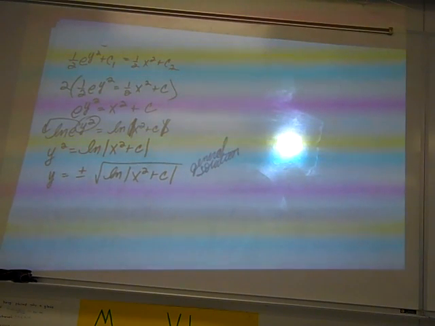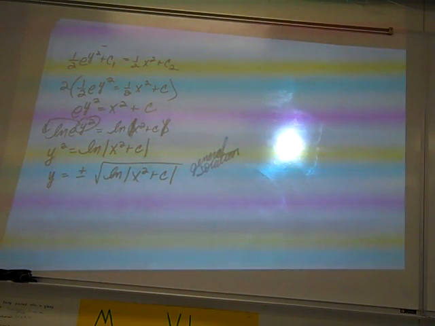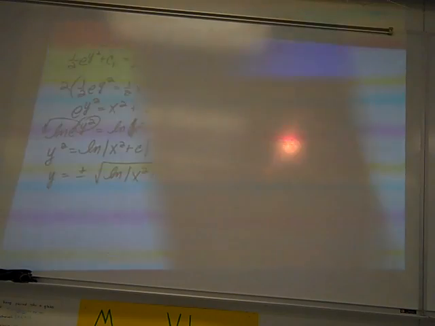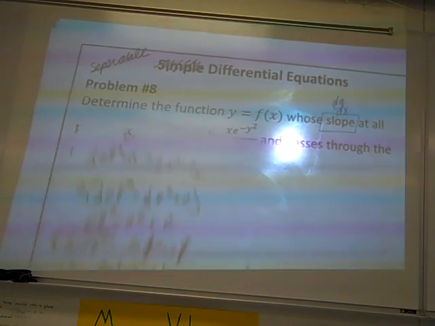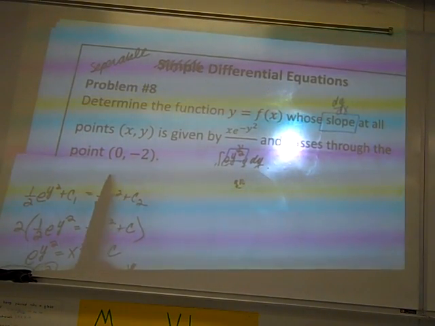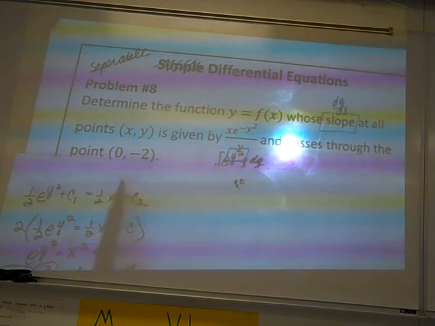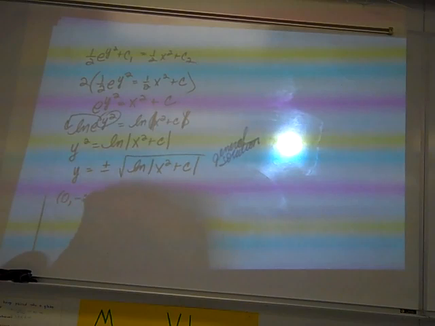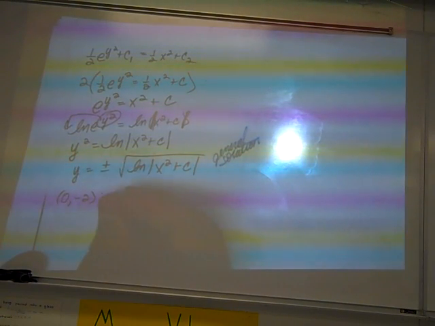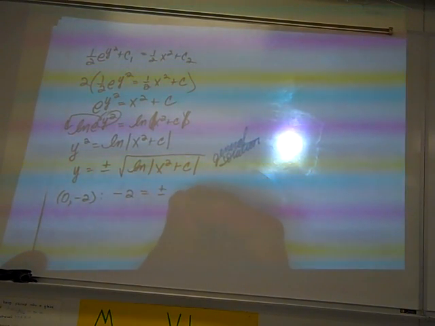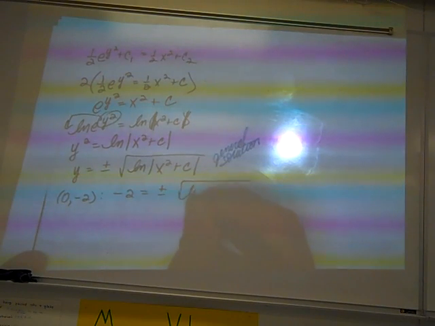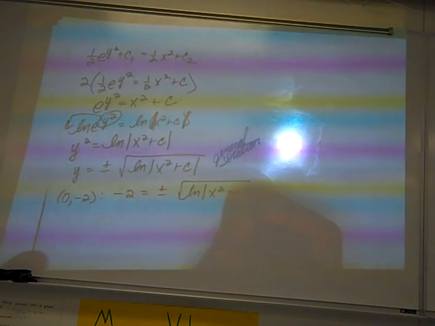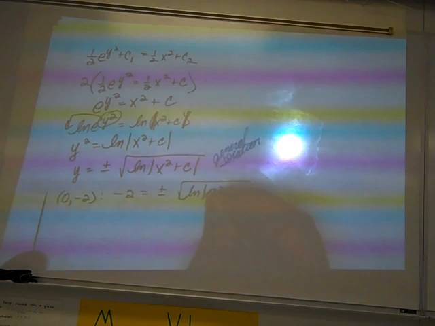Pardon me, I need to go back to my notes and remind myself what the initial condition was. The initial condition was that the function passes through the point (0, -2). So, if we pass through the point (0, -2), then I have that negative 2 equals plus or minus the square root of the natural log of the absolute value of 0 squared plus c.